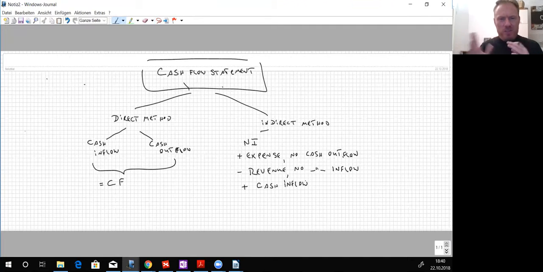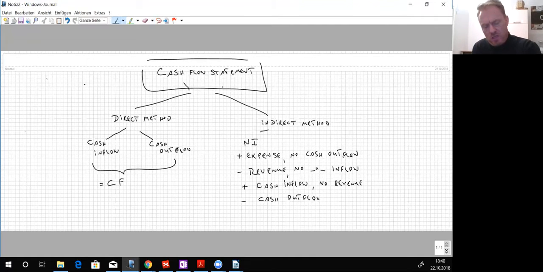Now it's a bit confusing, but when we see it, we'll see that the answer truly is the same with direct method and indirect method. So plus cash inflow that has not been a revenue, minus cash outflow that was no expense.